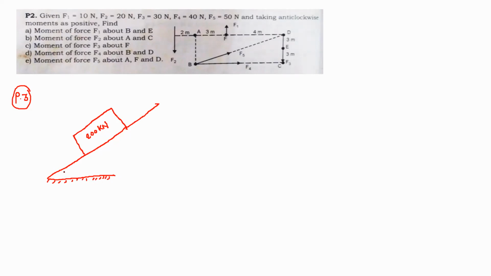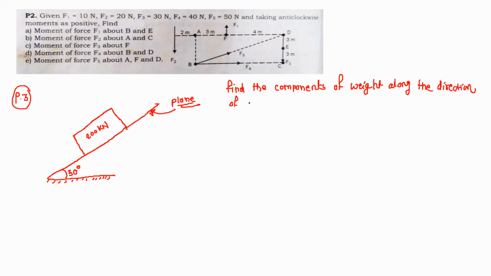This angle is given as 30 degrees. The question is, find the components of weight along the direction of the plane and along the perpendicular direction of the plane.